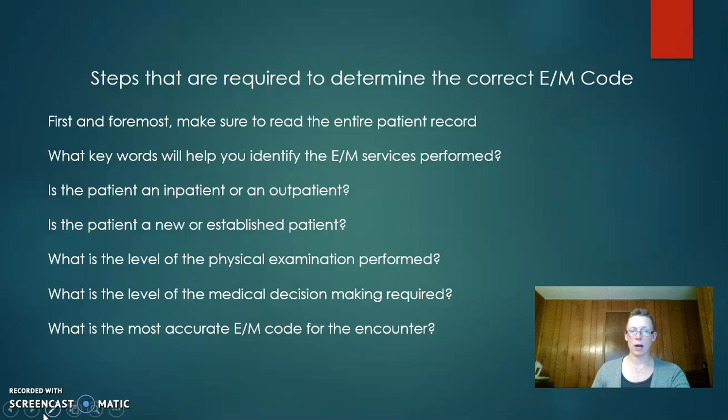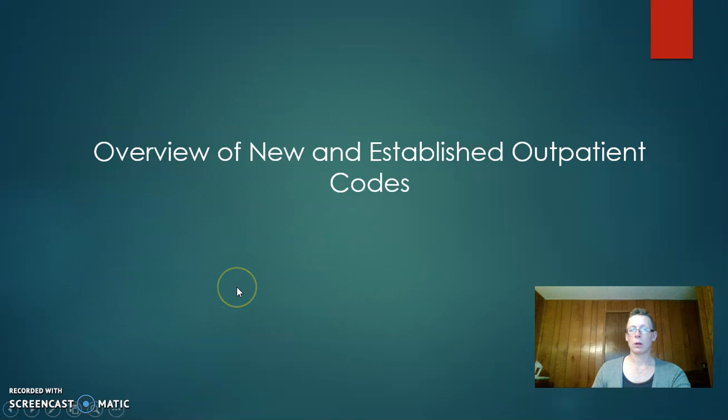A new or established patient if it's an office visit or consultation? What is the level of physical exam performed? What is the level of medical decision-making required? And once you go through your coding manual or your electronic coders, do you have the most accurate EM code for the encounter?